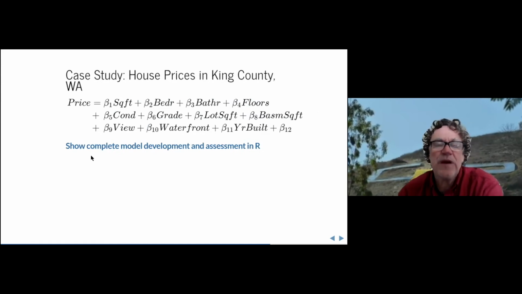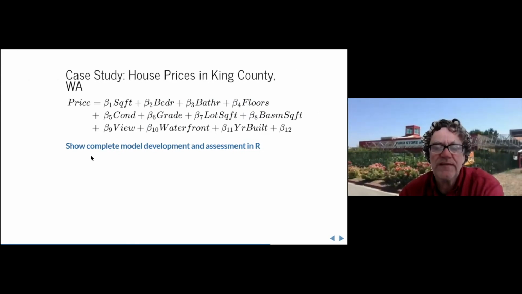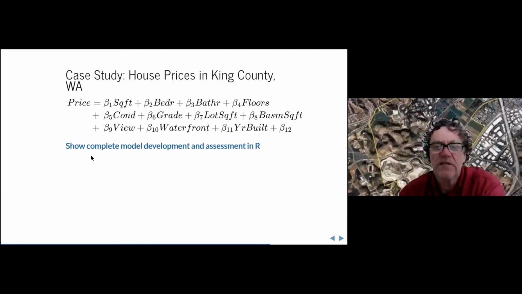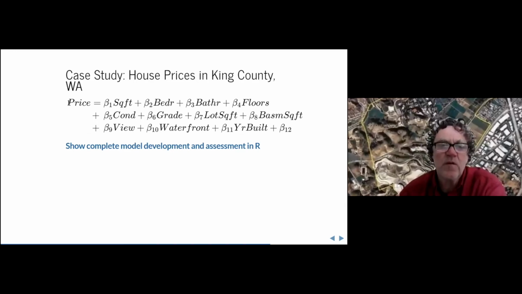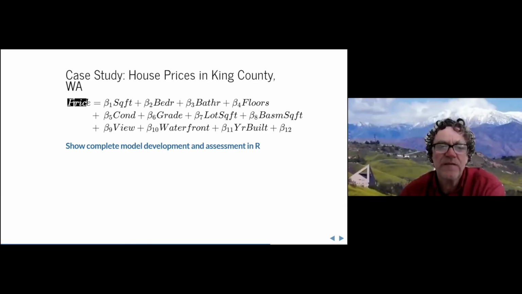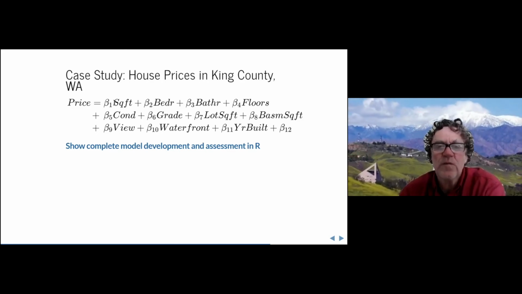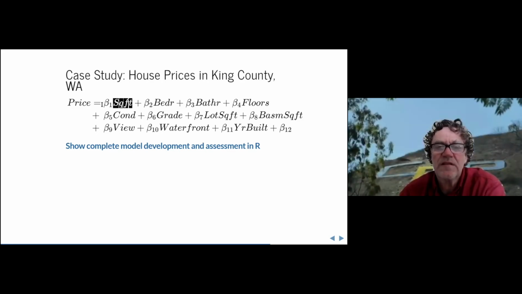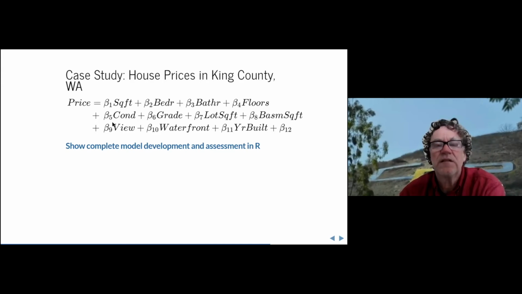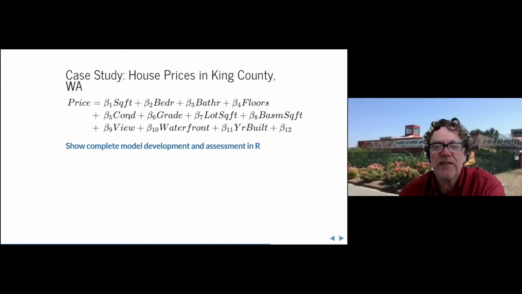Here's the equation we want to use. This time we use almost all of the variables. So we want to predict the price of our house. We use square feet times some number that our regression has to find.